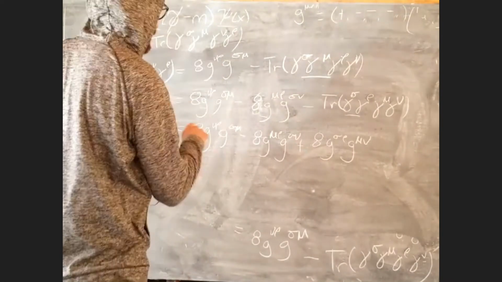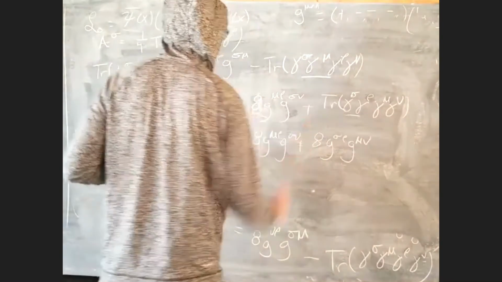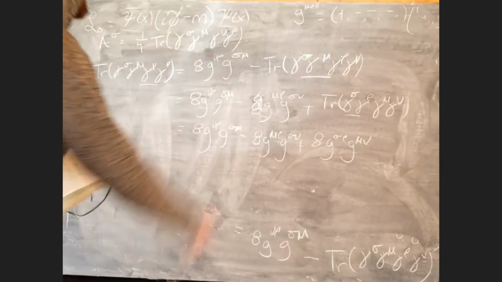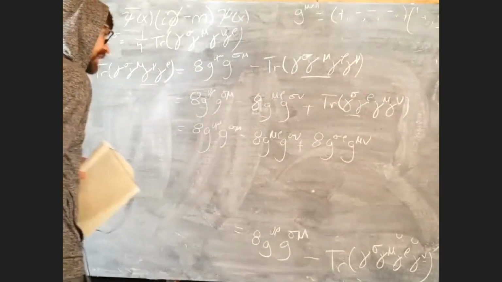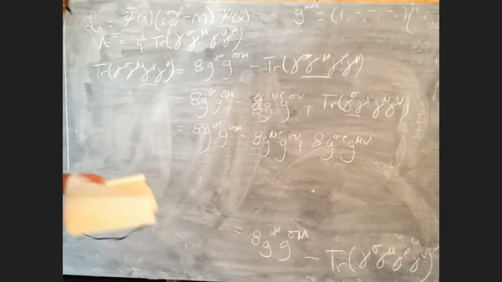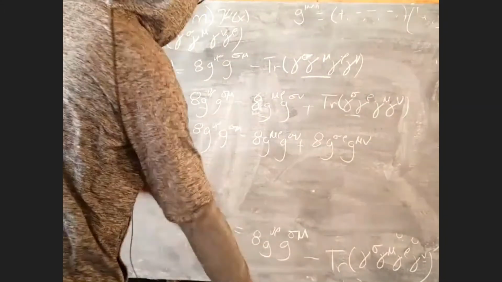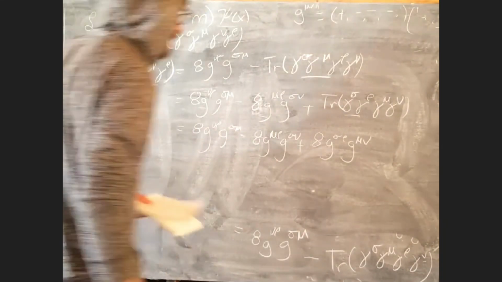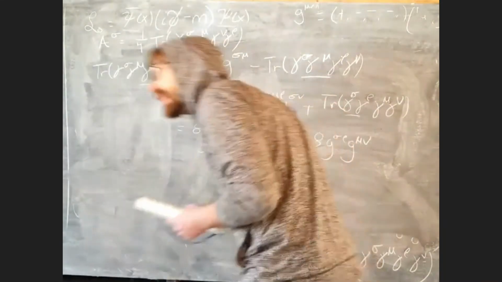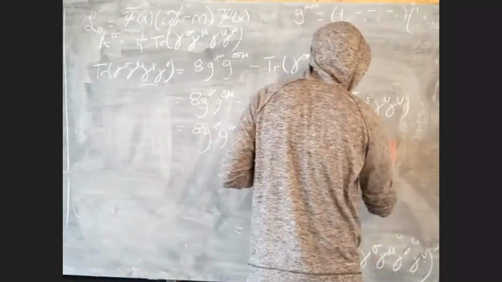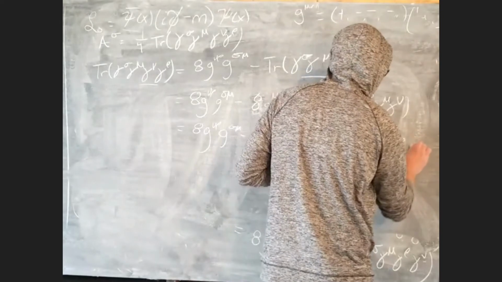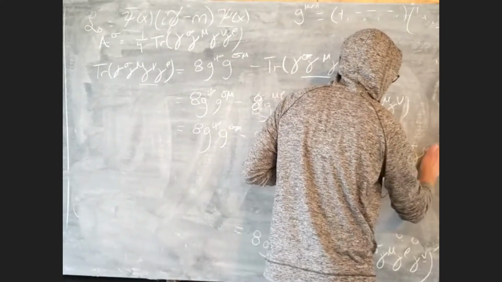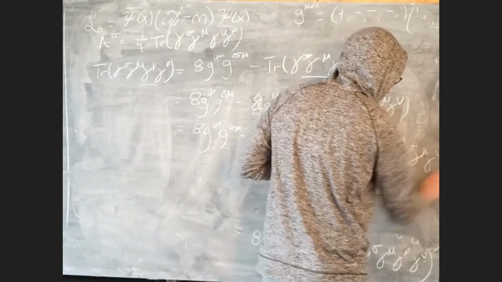What did I do wrong? This is supposed to be plus. Because this is minus, so when we permute it again, it's going to be minus, minus, plus. Good. It's important to keep track of your pluses. You spend hours looking at those things. Then again, we have this, minus the trace of gamma rho, gamma sigma, gamma mu, gamma nu.